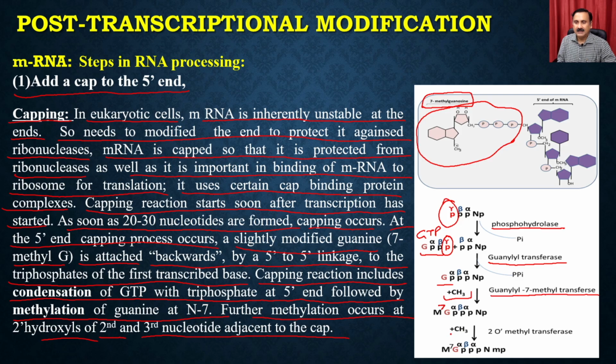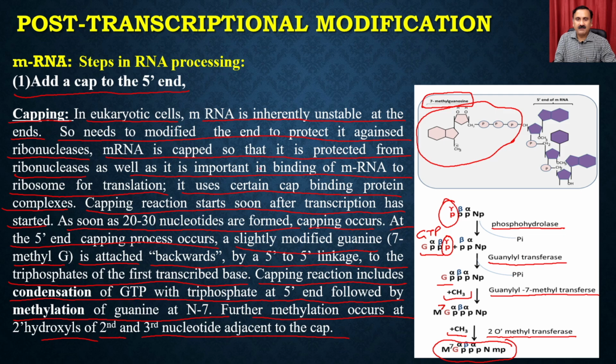Then you are going to have another round of methylation at the 2' positions, catalyzed by another enzyme called 2-O-methyl transferase, and that's how you are going to have the m7 guanine cap. So this is the cap which is going to be connected onto the messenger RNA.